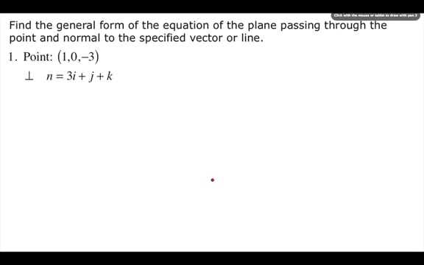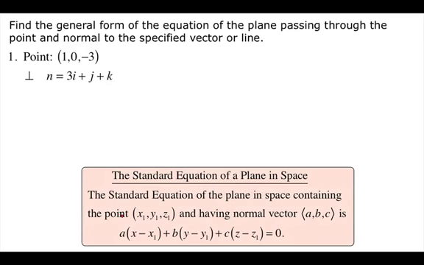It says find the general form of the equation of the plane passing through the point and normal to the specified vector or line. So equation of the plane, you have a point that is on the plane, a normal vector, a perpendicular vector to the plane. So all you're going to do is you're going to use this formula that you saw earlier.